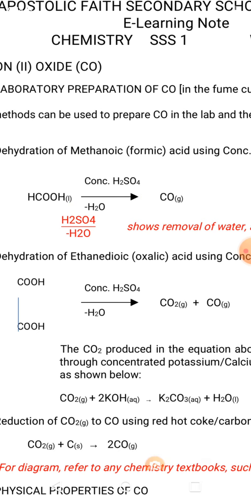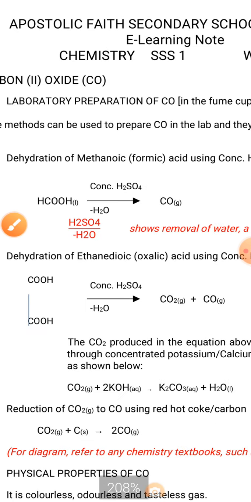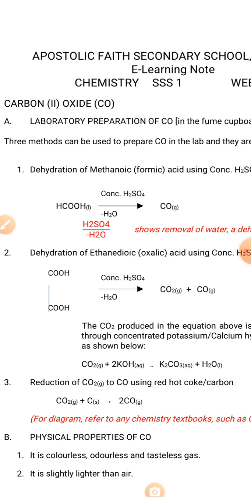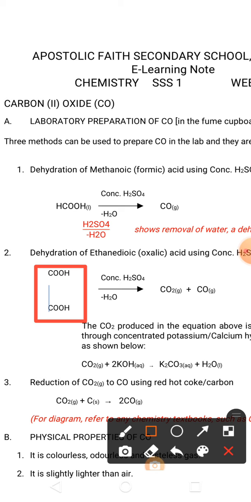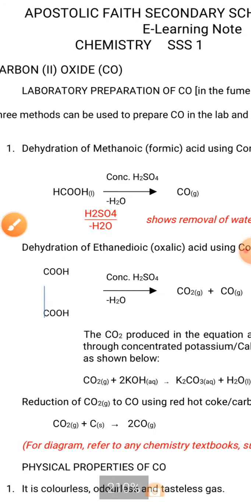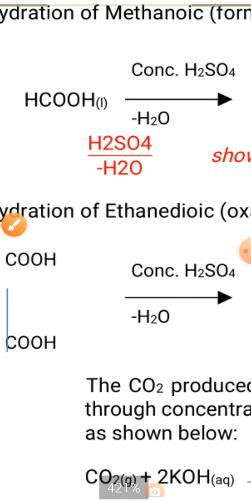Then number two method is dehydration of ethanedioic acid or oxalic acid. You call it ethanedioic or oxalic acid. Now this oxalic acid there. So when you dehydrate this oxalic acid, when you remove water, let me quickly magnify it a bit more. Now look at this compound there.